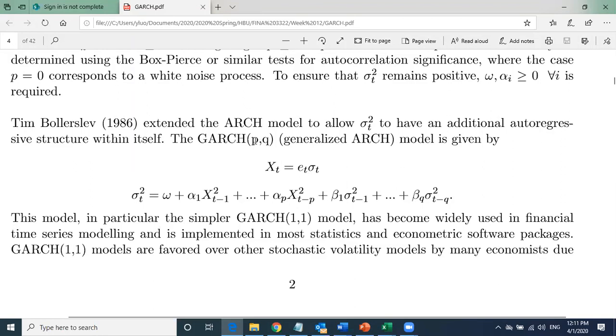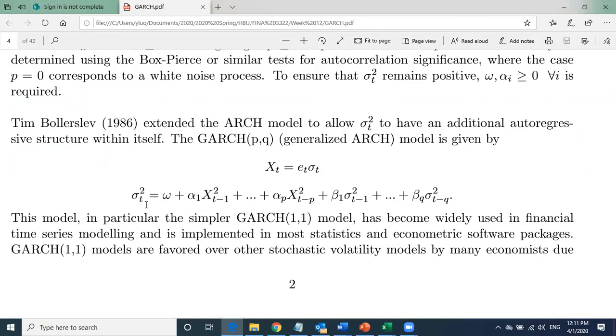We have the GARCH model with P and Q, different lags. But in particular, to simplify, we use the simpler one called GARCH 1,1. So GARCH 1,1 only lags one time period.